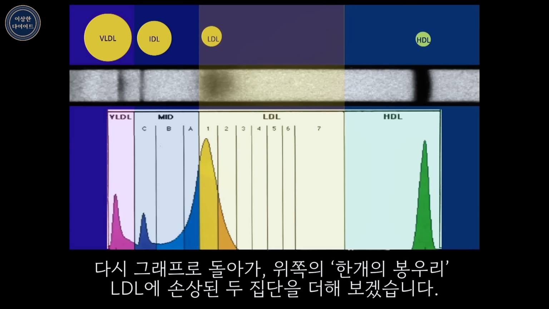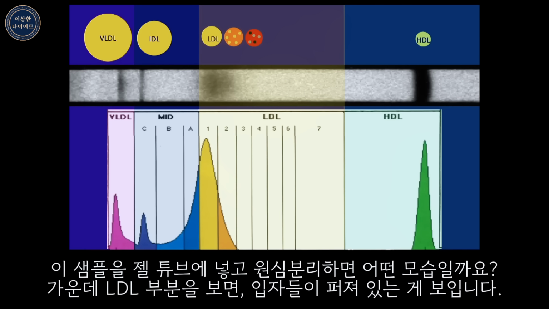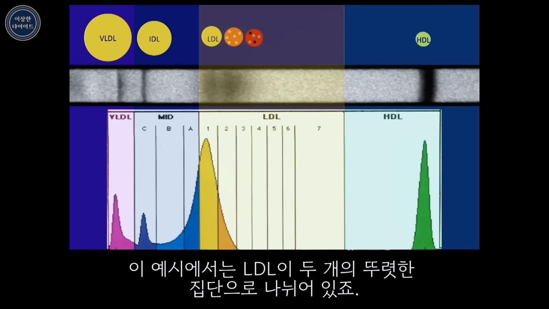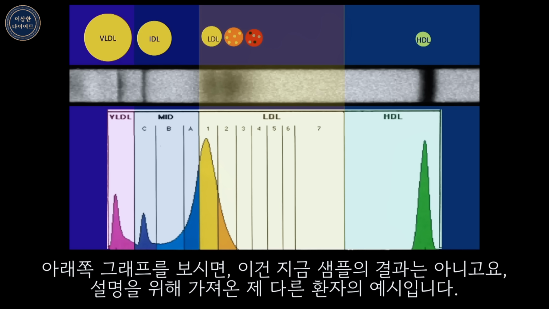So let's come back to this graph here. And up the top, well, now to our single LDL, let's add the two damaged populations. So let's see if we put that sample into a gel tube and spun it down, what would it look like? So have a look at the middle blob where the LDL is represented. And now you can see it spread out. And you can see, in this example, two distinct populations of LDL.